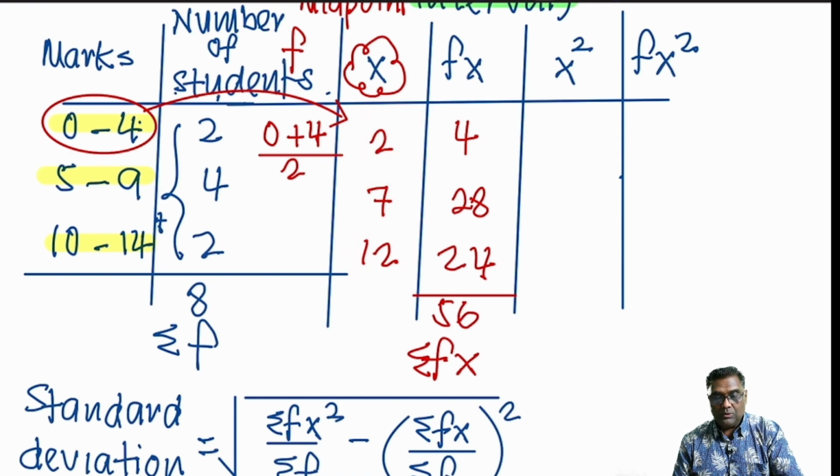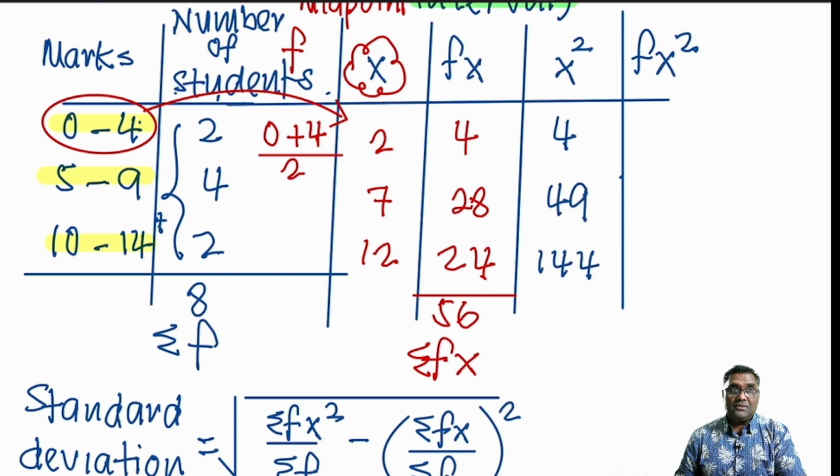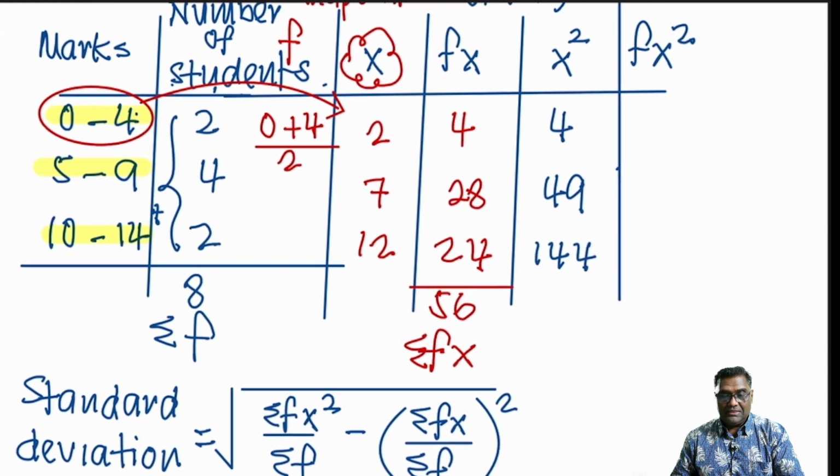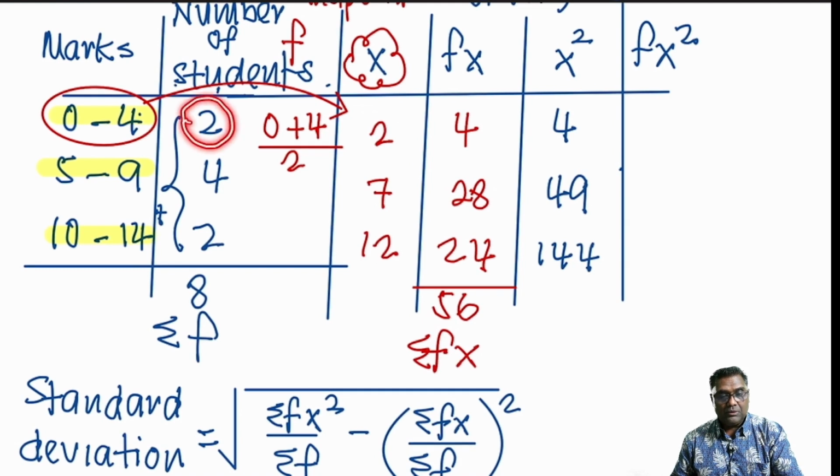So what is this going to be? 4, 49, 144. That is what we get here. So next, how do I get this value? So to get this value, 2 times 4, 8.